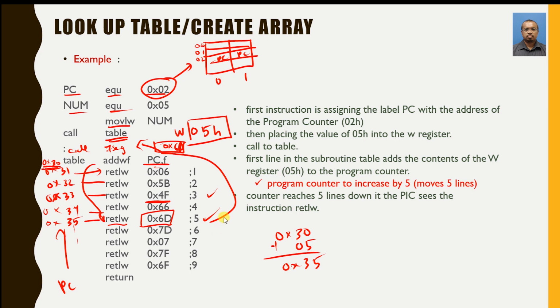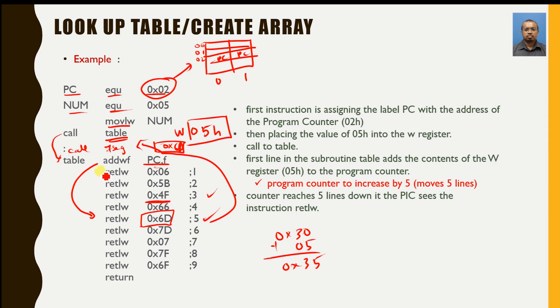So that's how you use that lookup table or array using RETLW. Let me erase this part. Basically the program calls the table, and then from here ADDWF PCL, the program counter jumps here, and then it will return from subroutine.